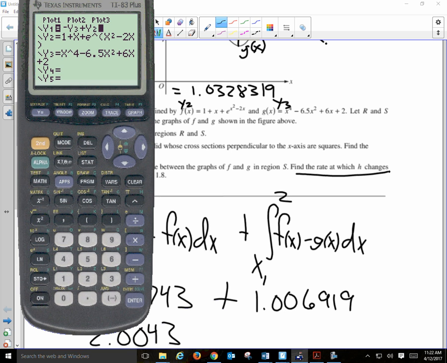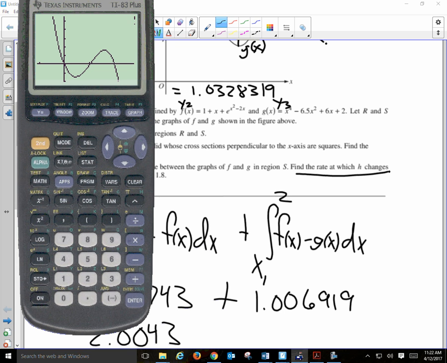So how do I find the derivative at 1.8? So I can calculate number 6. 1.8. dy, okay, negative 3.811 812.